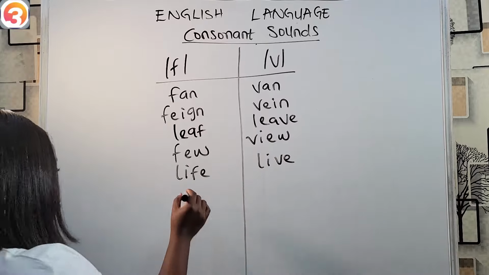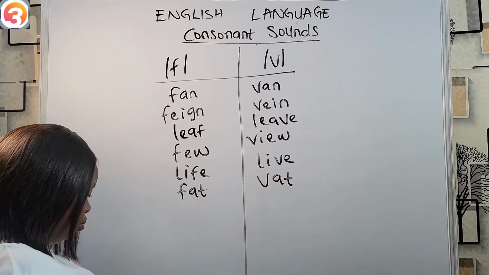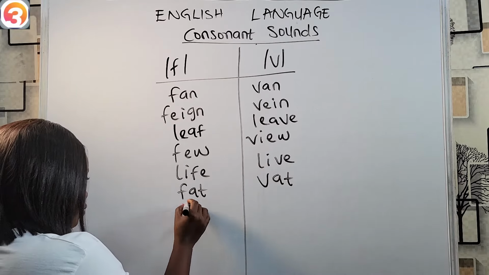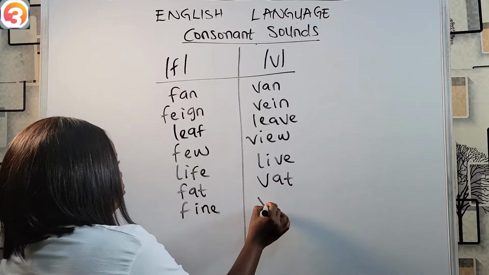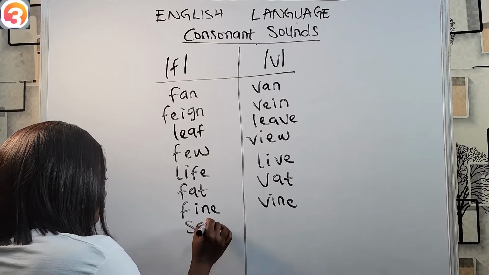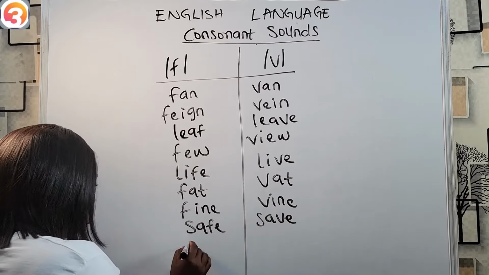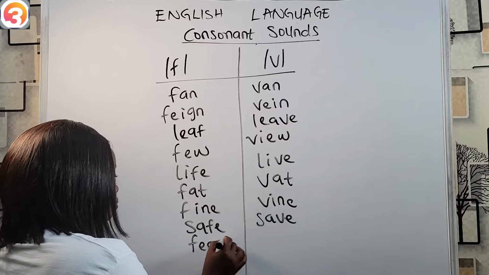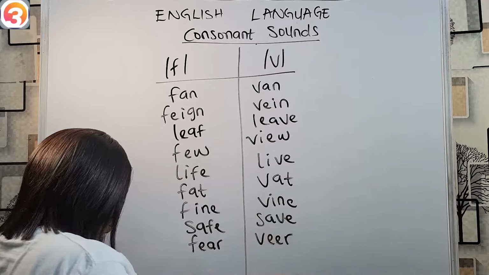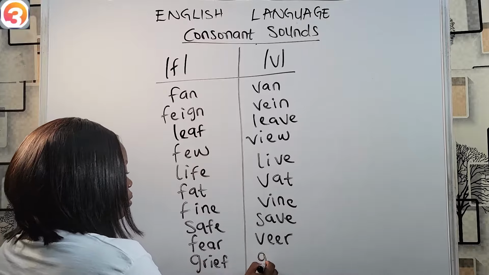We have fat, vat, fine, vine, safe, save, fear, veer, grief, grieve.